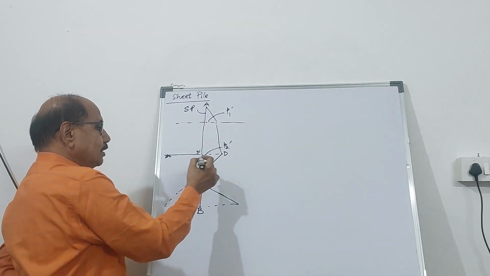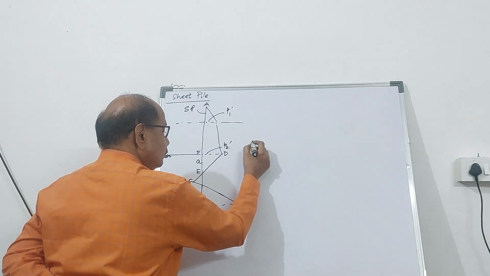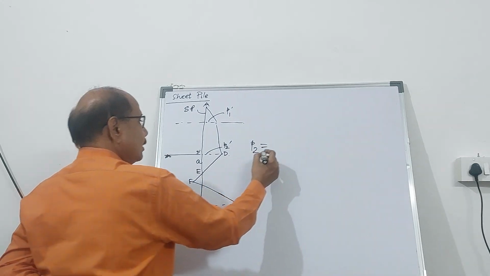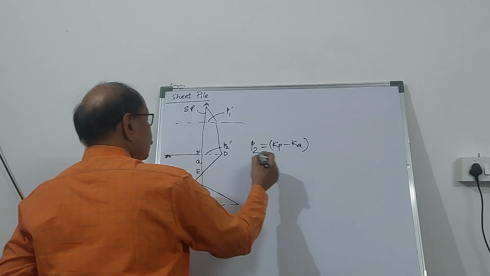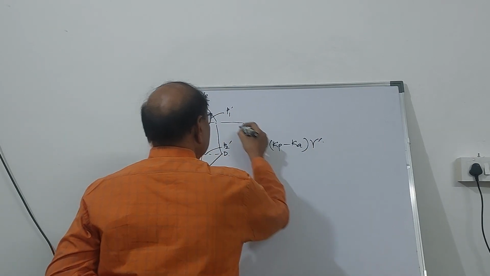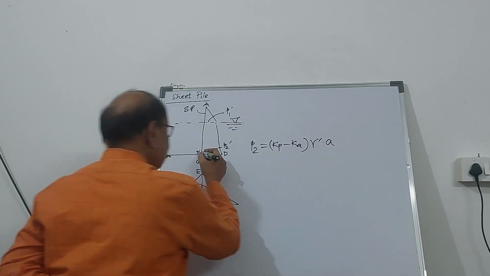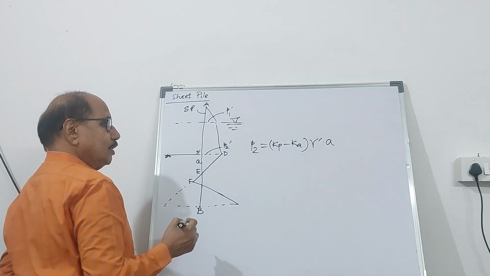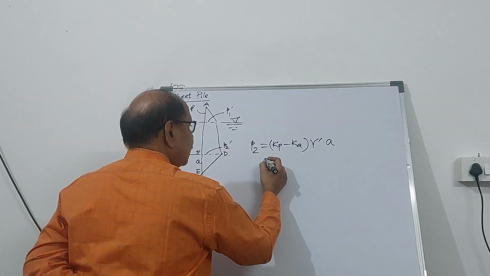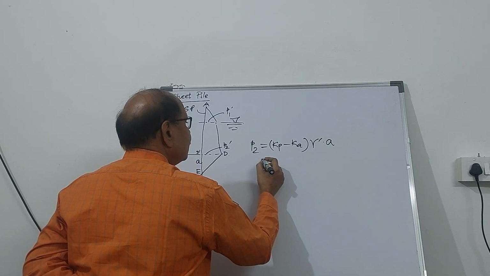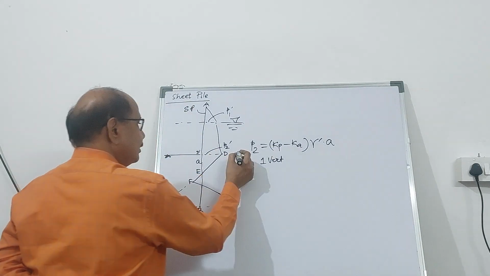So you can see that this distance was A, and P2 prime is given as Kp minus Ka into gamma prime, this is the water table, so multiplied by this distance A. So if A is 1, then the horizontal for one vertical, A vertical, this is the horizontal.